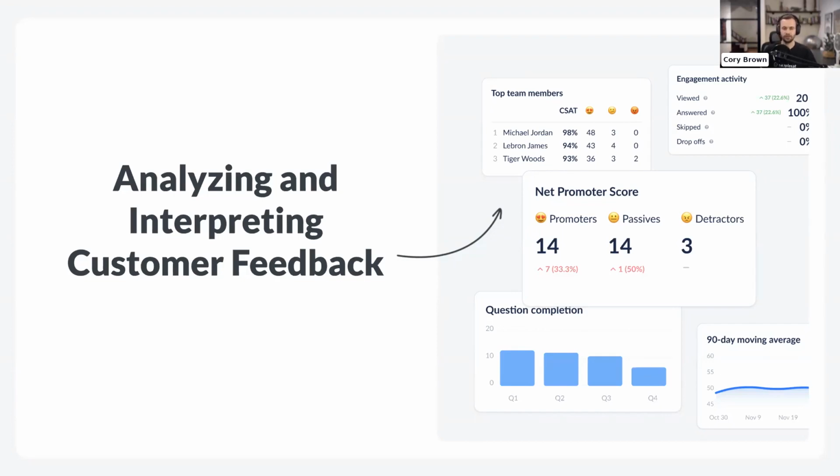It's the same with NPS or CSAT or any metric. Also, just paying attention to common themes. Like if you're looking at comments, don't get too distracted by a one-off comment. Maybe it's just a really grumpy customer who's having a bad day. But we see it often in our survey feedback. Most of the time it's about features, whatever the NPS score is, and they go, but I really wish you had this feature.